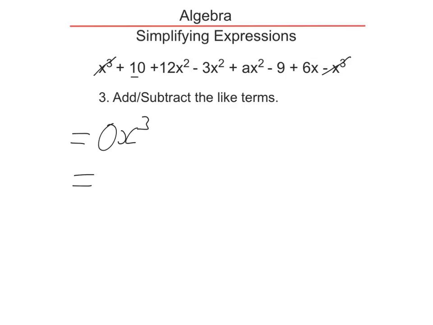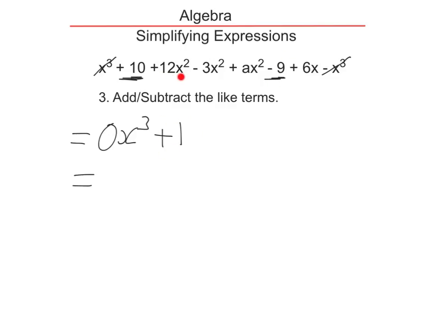Looking at the next thing, there's a number with no x's or a's or any other letters. There's just a 10. There's also a minus 9 over here. Both of those are just numbers. They're constants. So 10 take away 9 is 1. So this plus 10 and this minus 9 make plus 1.